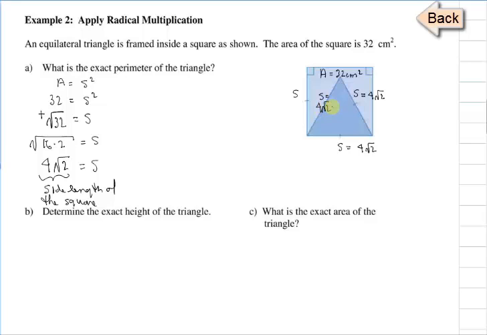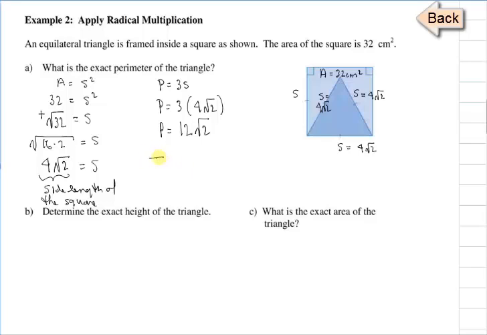If we're going to write the perimeter of our equilateral triangle, that would be 3 times s, right? So the perimeter is equal to 3 times 4 square root of 2. We multiply our coefficients, so 3 times 4 is 12, and then we have a root 2 left, so our perimeter is 12 root 2.